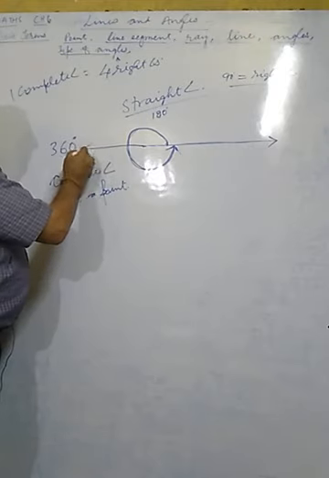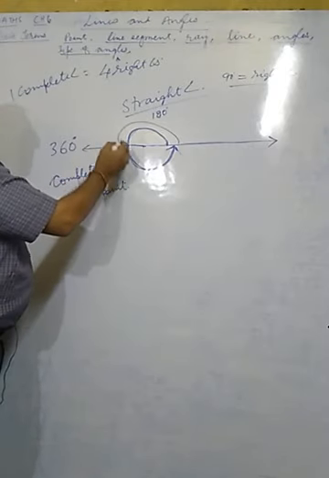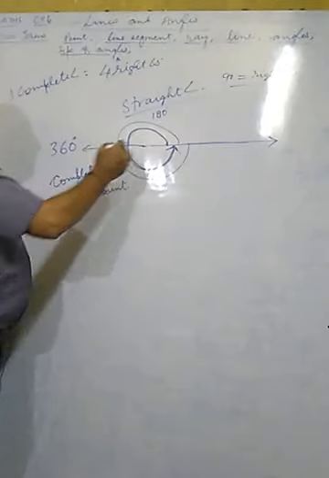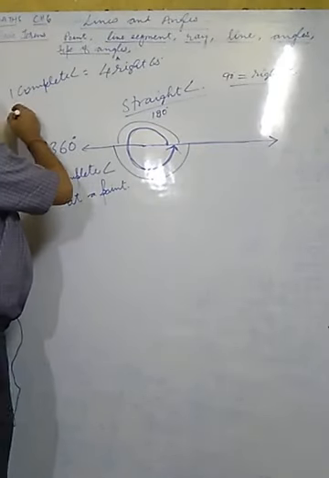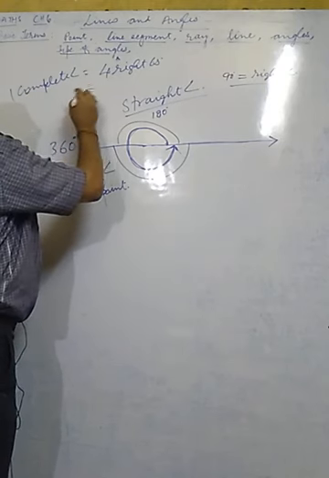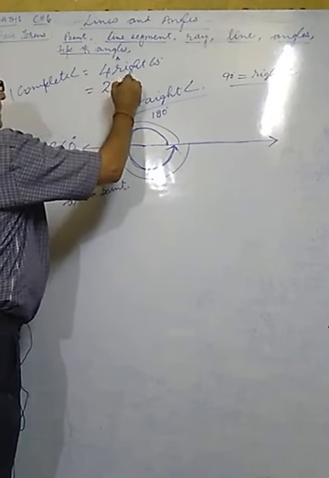Then one complete angle is equal to how many straight angles? One straight angle upward and a second straight angle downward. So one complete angle is also equal to 2 straight angles.